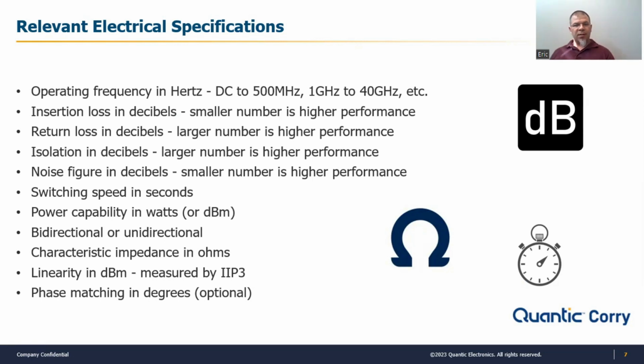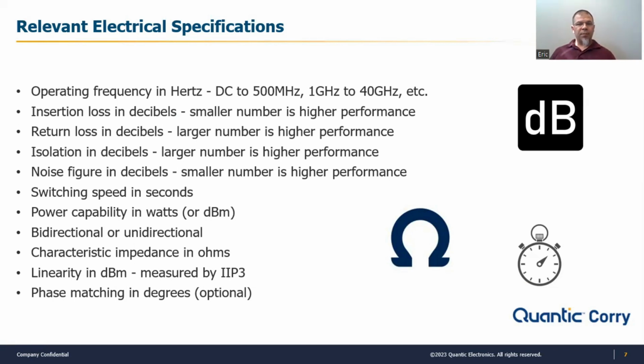Then going down the list, the noise figure. So particularly when we're dealing with small signal sources, low noise amplifiers, things of that nature, the noise figure comes into the picture just to prevent the noise floor from affecting the accuracy of your measurements.